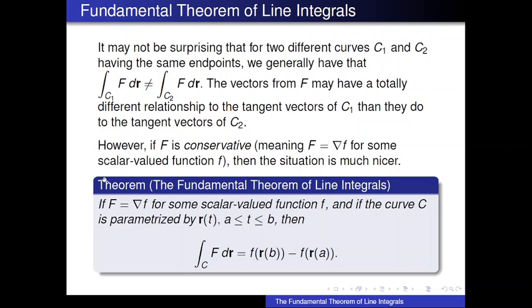It says that if the vector field big F that we start with is the gradient of some scalar valued function, little f, and if our curve C is parameterized by some function whose parameters start at a and end at b, then the line integral of the vector field big F along C equals the difference of the function evaluated at the endpoints of the curve. So we'll take f of the ending point of the curve minus f of the starting point of the curve.